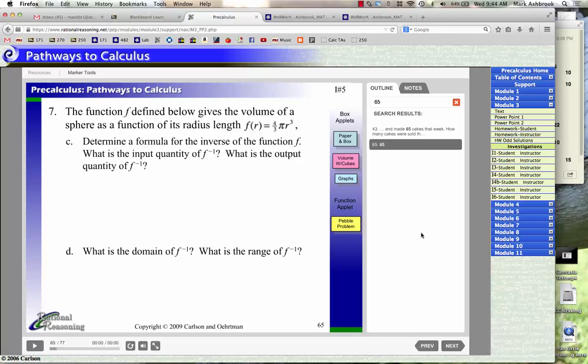Okay, so check this out. This function is for the volume of a sphere. Input is the radius, and the output gives you the volume of the sphere.